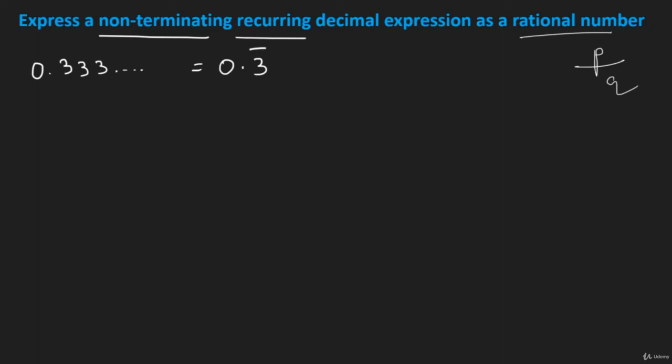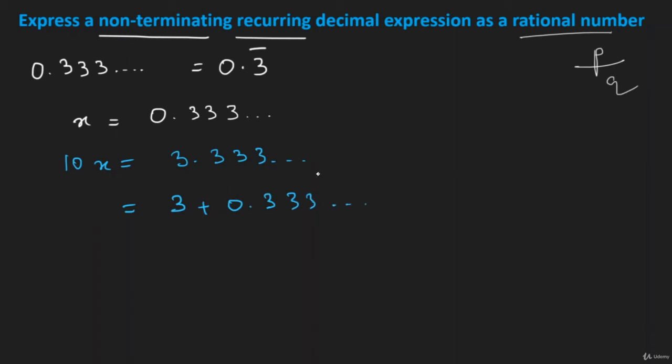Now let me take x as 0.333, etc. Because only one digit is repeating, let me multiply both the sides of this equation with 10. That gives me 10x is equal to 3.33, etc. Now I can split 3.333, etc. as 3 plus 0.333, and this part over here is the same as x, which we have taken over here.